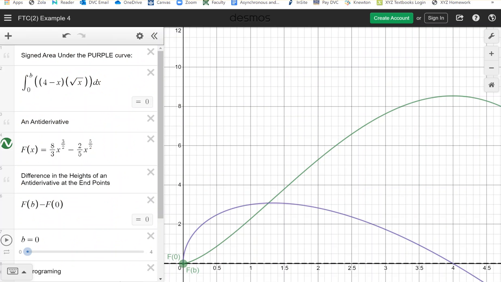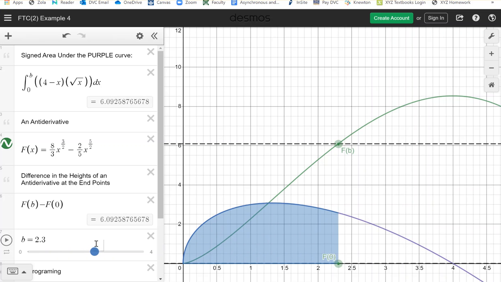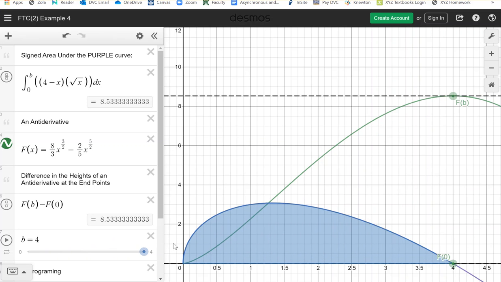All right, so we've been asked to find the area under this purple curve, 4 minus x times the square root of x, as x goes from 0 to, what's b? 0 to 4. So we're asked to find this blue area right there that's under the purple curve. That's a hard question. That's a limit of a Riemann sum.